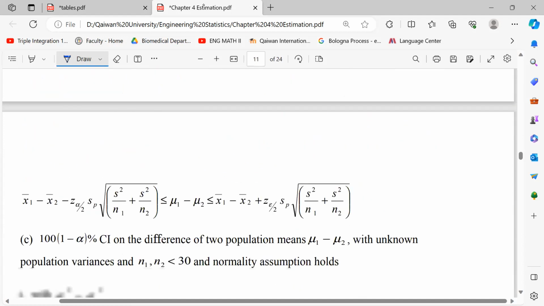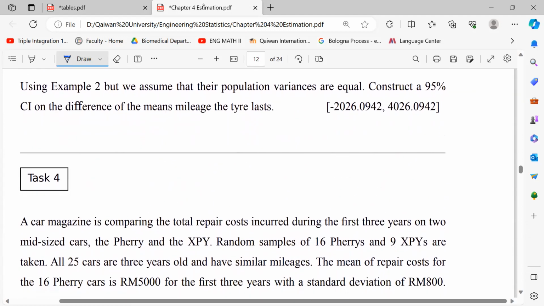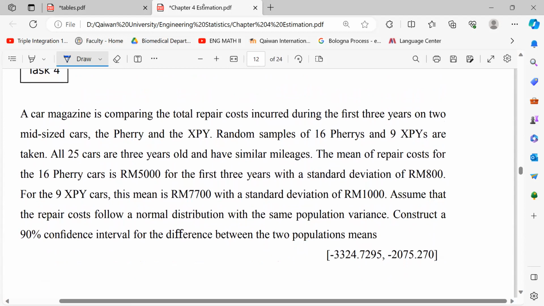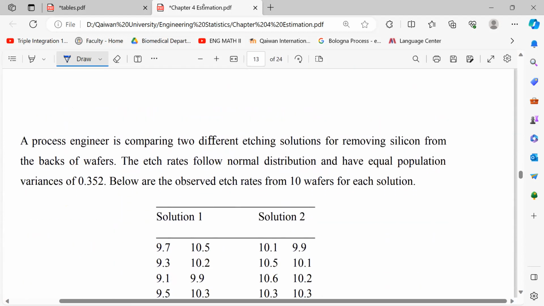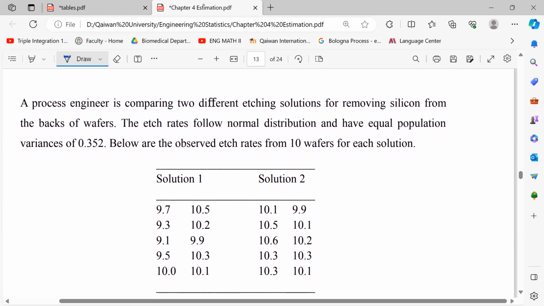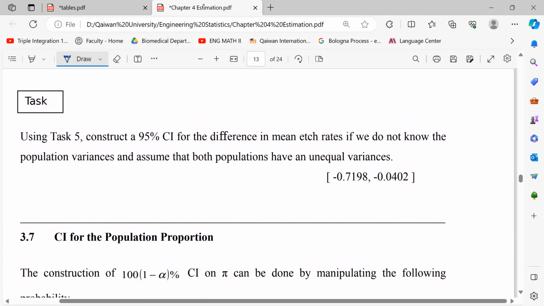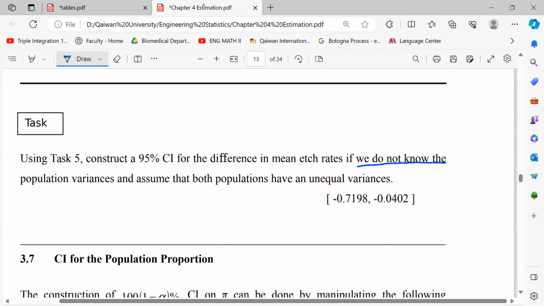Let me show you somewhere. Look at it. It's given: if we don't know the population variance. Even if we have the standard deviation, we need to use it in the calculations.